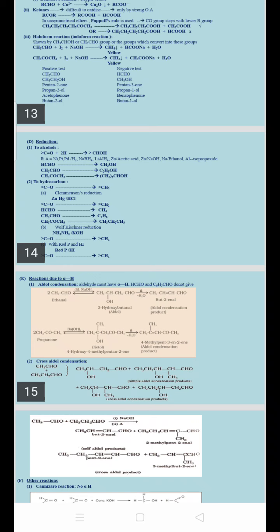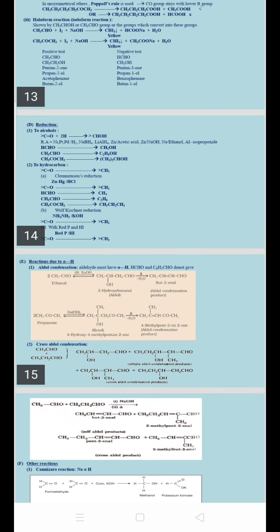I am repeating the first reduction. Your aldehyde will be reduced to alcohol. Similarly, your ketone, because both possess the C=O group, so aldehydes and ketones will be reduced to primary alcohol and secondary alcohol respectively.